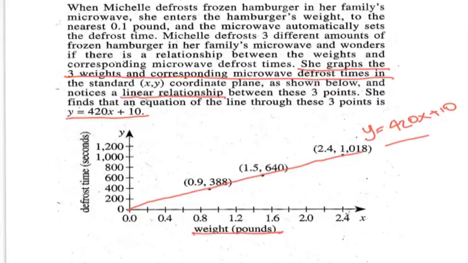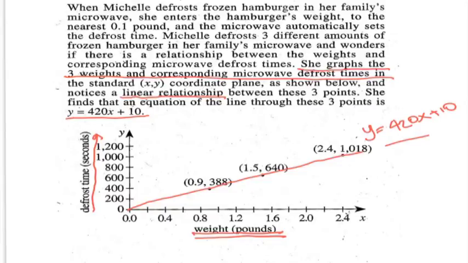This axis, we are plotting weight in pounds. And this one is giving me defrost time in seconds. Well, there's not a relationship between those two. So that's why the graph doesn't look like it's almost vertical in the way they've drawn this. Because that would mean you'd be saying that 1 pound would equal 1 second, which would make it a really skewed graph. So they've done it this way.